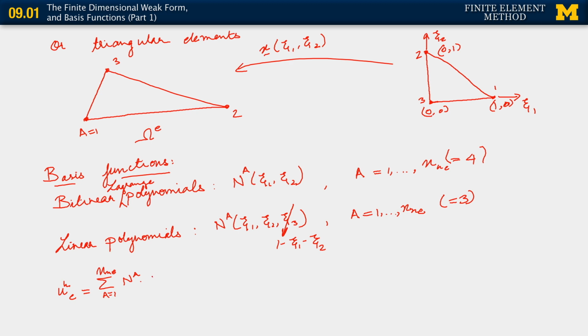So I'm just going to say it's NA times DAE. And for the weighting function, we have WH of E equals the same sort of expansion. Okay? Right? We just need to remember that in the two cases, the number of nodes in the element could be different. All right.